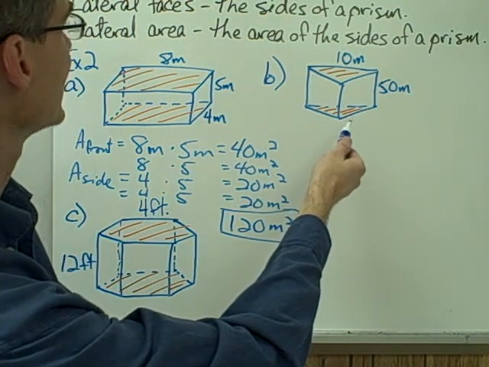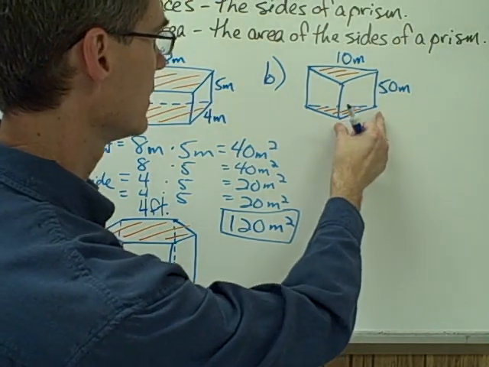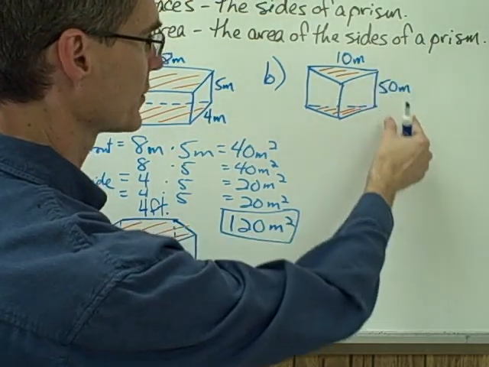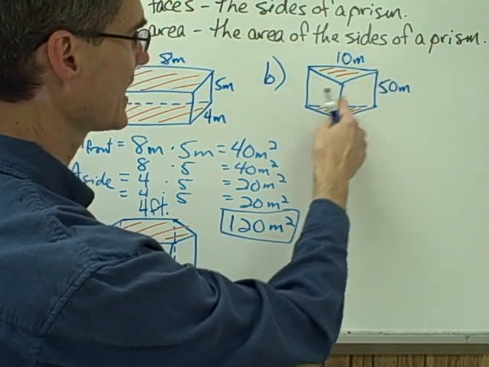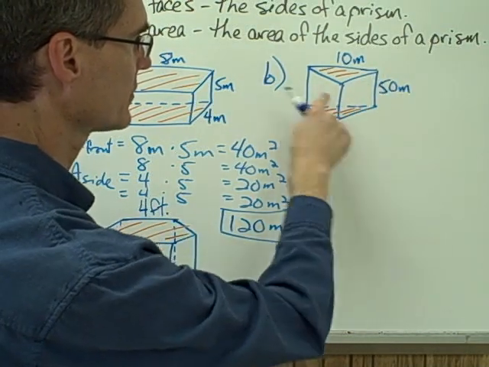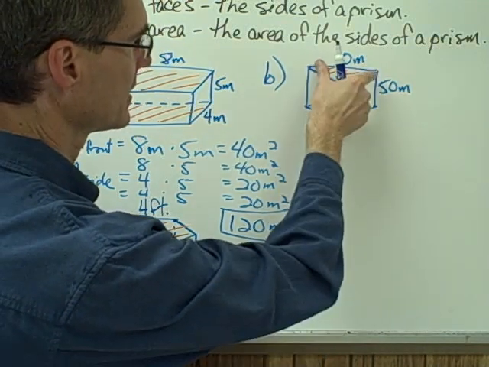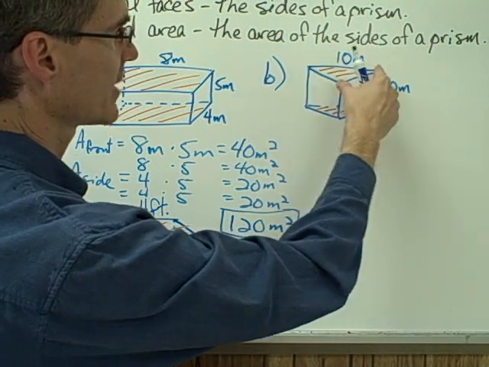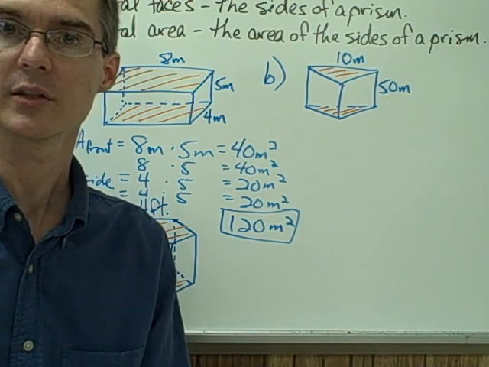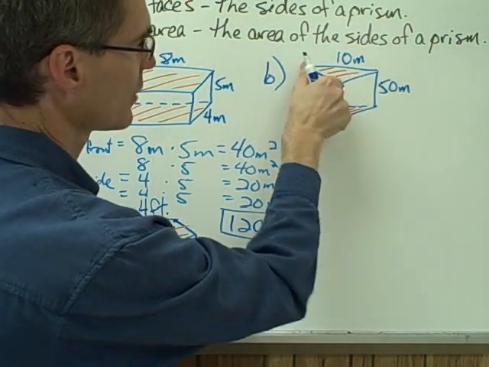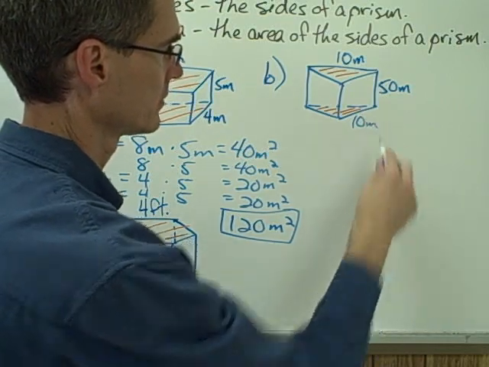If I want to calculate the lateral area of my triangular prism, the height of my prism is 50 meters, that's this distance here, and I have 3 sides: these 2 here, and then the side on the back. The length of one side of my triangular base is 10 meters. Since it's a regular triangular prism, the length of every one of these sides is 10 meters, so this distance is 10 meters as well.